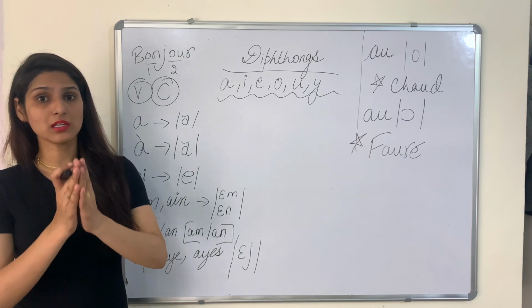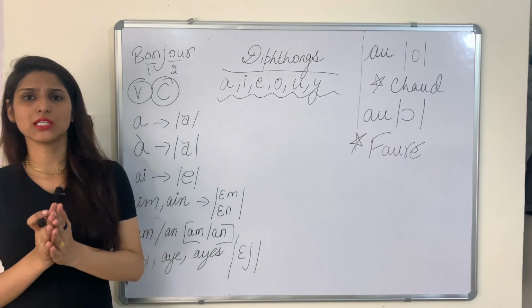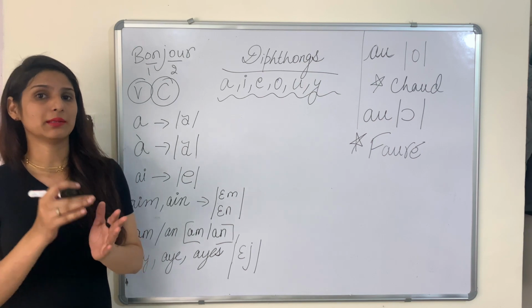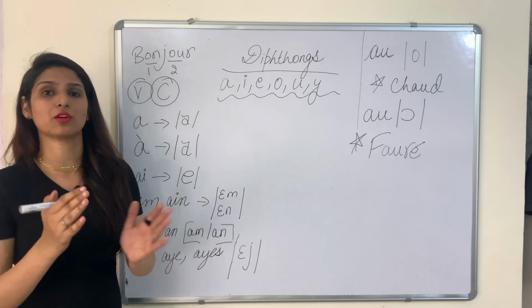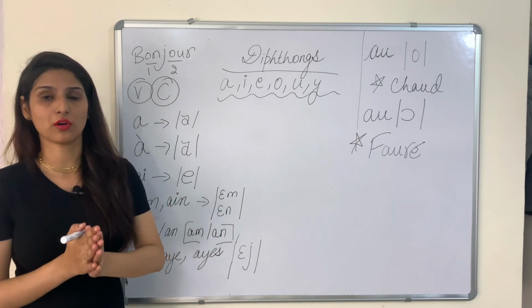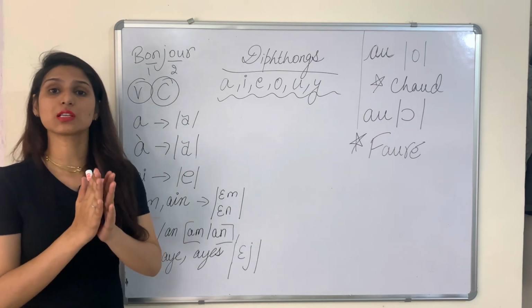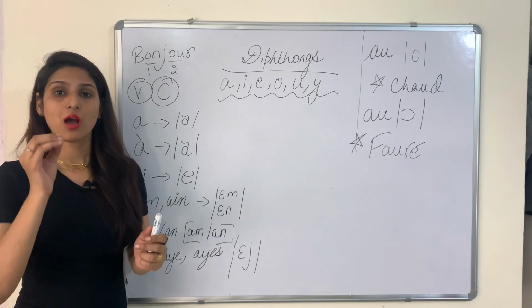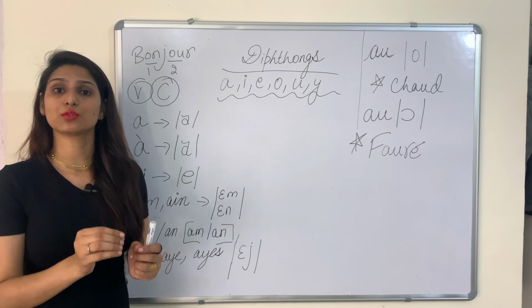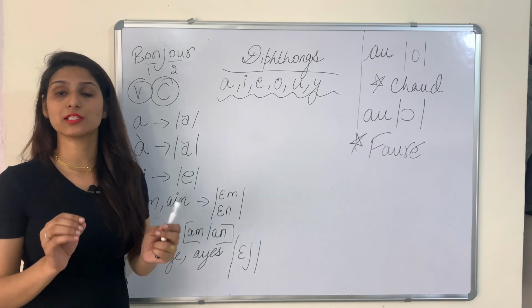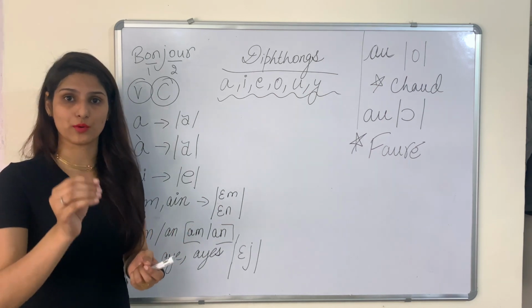And in whatsoever word you're going to see this diphthong, it may be one word having multiple diphthongs or one word having only one diphthong. This diphthong's sound is going to be so powerful that it is going to dominate the whole word and it is going to get pronounced with a lot of force.